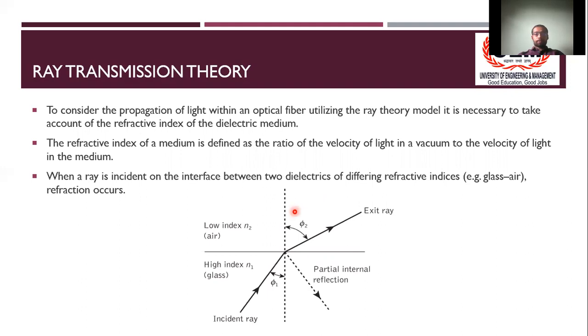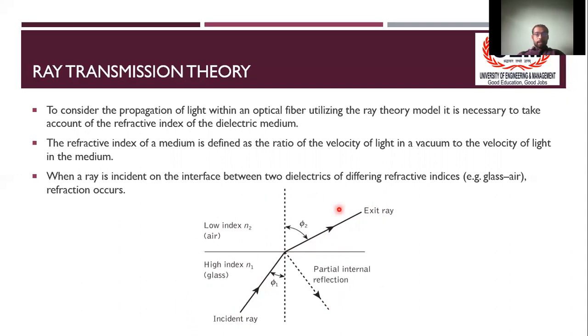According to Snell's law, if any light is incident from a high refractive index material to a low refractive index material, it will refract with an angle which is greater than the angle of incidence. This is what we have studied in school physics about light rays.